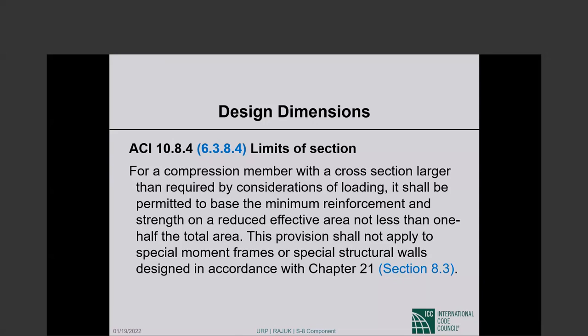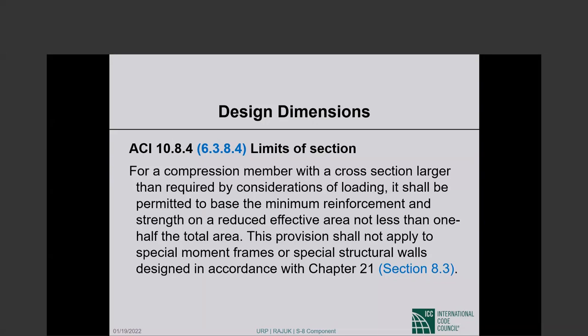Okay. So again, the English when you read it is not the clearest. What it is saying is this. In a column, you cannot place reinforcement less than 1% of the gross cross-sectional area. 1% reinforcement is the minimum.